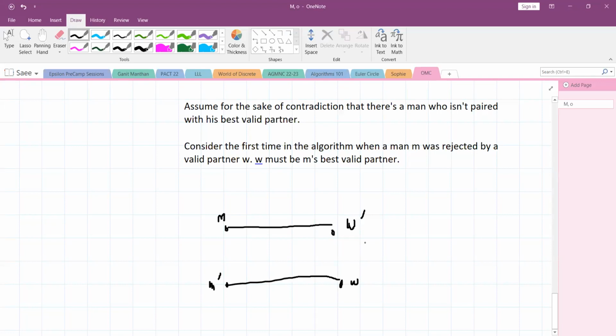So they can't be a pair at the end. So M is paired with somebody, say W prime, and W is paired with somebody, say M prime. Now, since W is a valid partner of M, there exists some other stable matching in which M and W are paired together, right? Does that make sense?